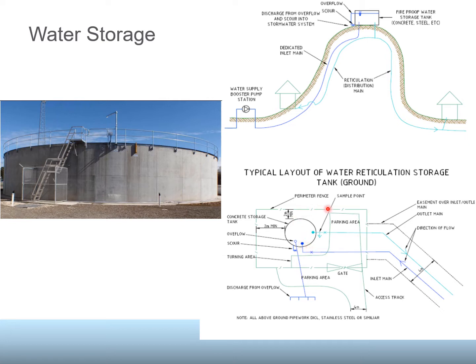So basically the layout is quite simple, and this storage tank is normally located at the highest elevation in the area. Otherwise it has to be elevated, because the purpose of the storage tank is to provide the community sufficient water through the gravity if possible.